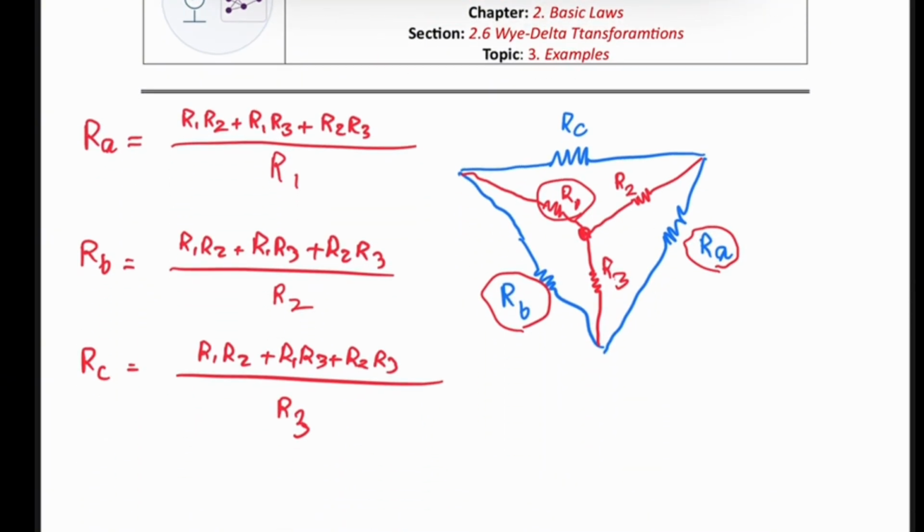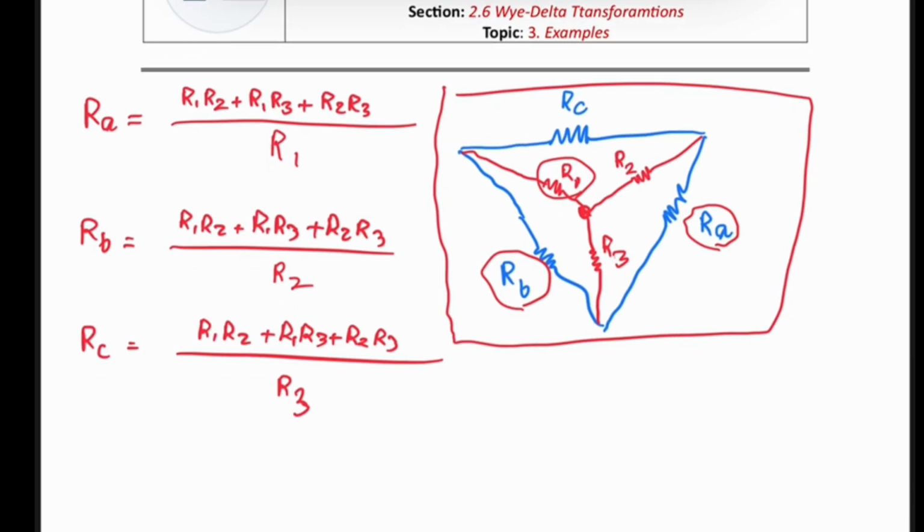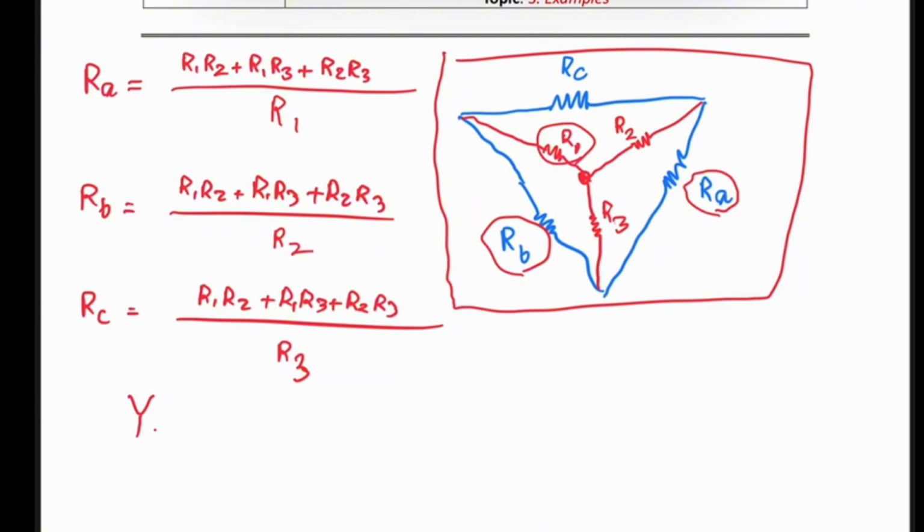You remember the transformation from delta to Y and Y to delta, with the transformation figure that I illustrated over here. If you want to transform from Y to delta, the numerator is all possible products of two resistors in the Y network, which in that case is R1R2 plus R1R3 plus R2R3, for all three of RA, RB, and RC.